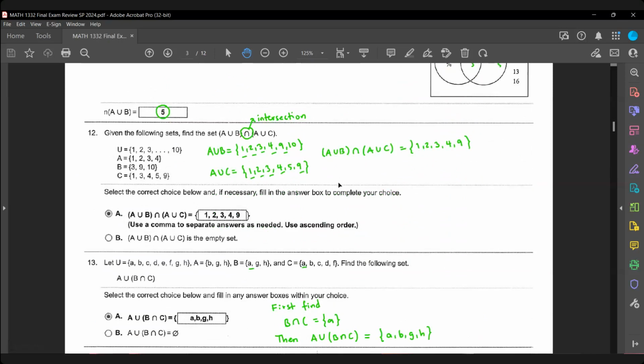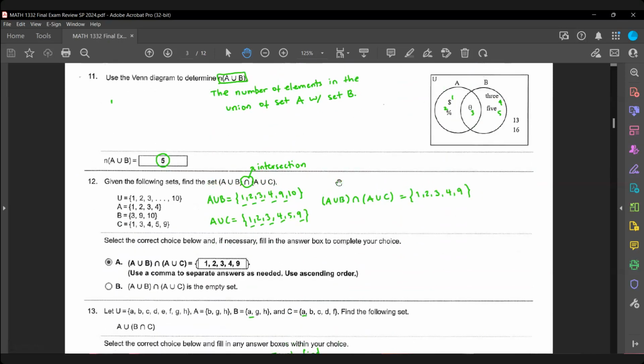In number 11, they want us to use the Venn diagram to count the number of elements that will be in the union of A with B. In other words, they're telling us to put all the elements of A with all the elements of B without the need of repetition.